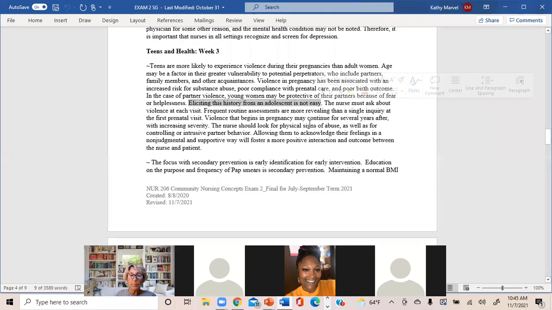During all of your prenatal visits with a pregnant teen, you need to be assessing what's going on, assessing for violence, assessing for abuse, because it's a common factor, right? The nurse must ask about violence at each visit.